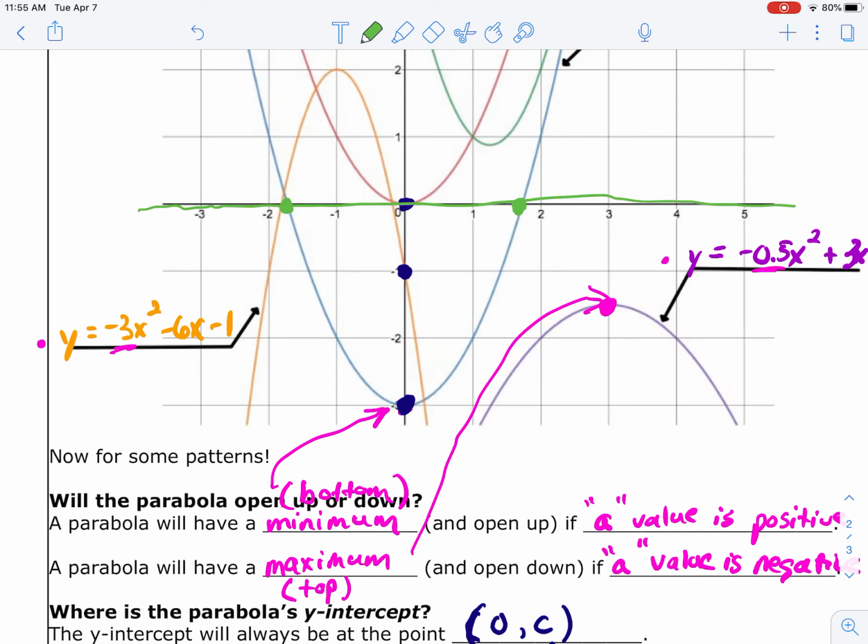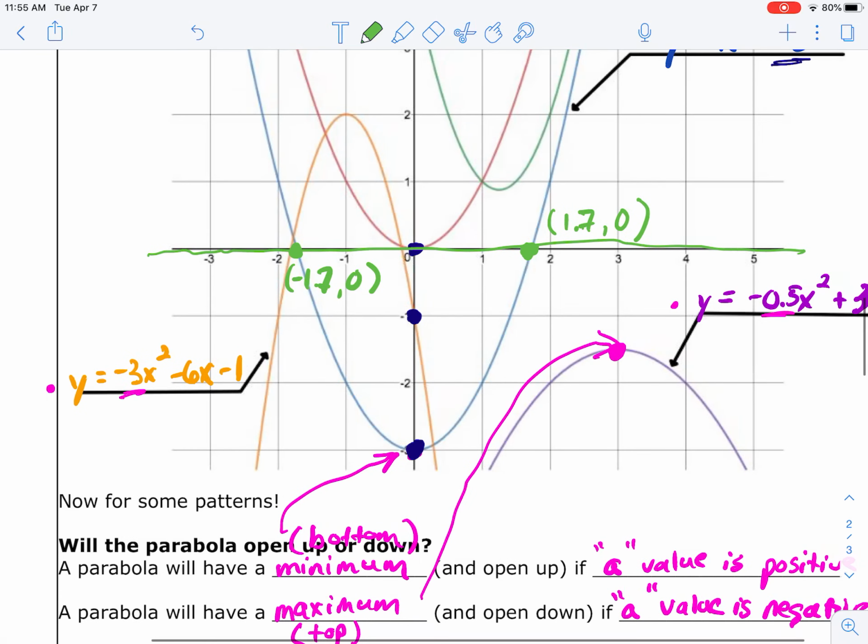So it goes right through the x-axis. The x-intercept right here, in this case, will have something, it's a little bit hard to see exactly what the coordinates are there, but maybe something like 1.7 comma 0. And this one over here would be something like negative 1.7 comma 0. So the 1.7 and the negative 1.7 are called the zeros.